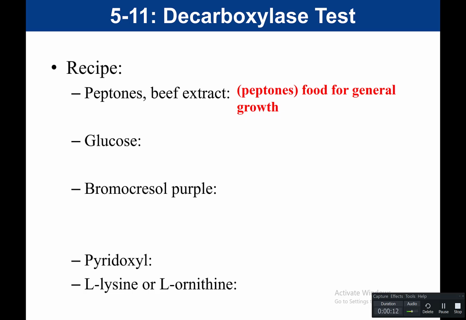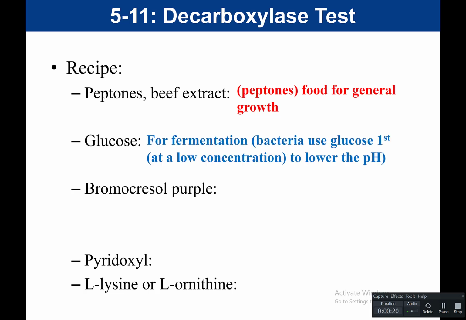Now, remember I said in this unit that we are looking at the metabolism of protein. And so you might be wondering, well, why do we have glucose in the media? Well, the glucose is there for fermentation. Remember I told you that bacteria, if given the choice between glucose and protein, would choose to use the glucose first. However, in this media, the glucose is there only at a low concentration.